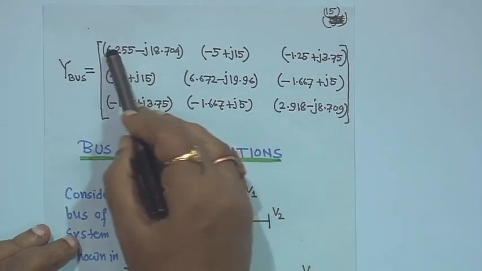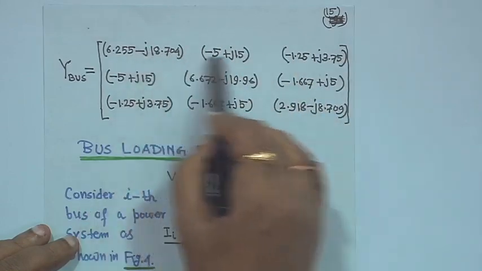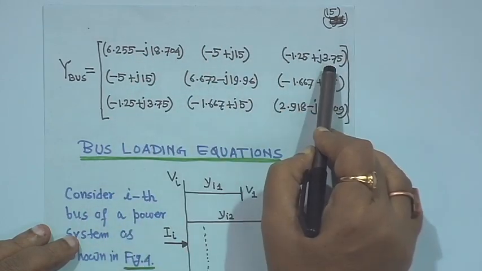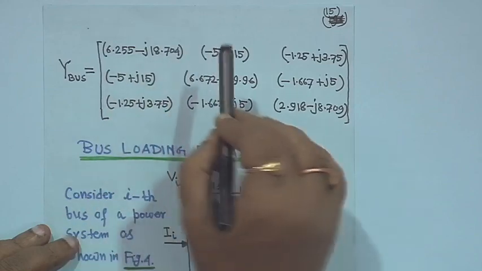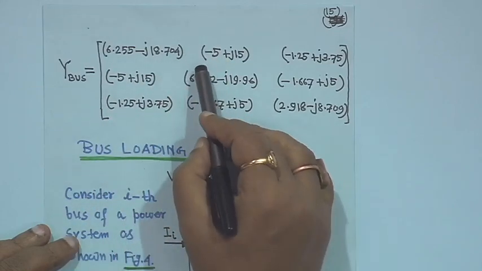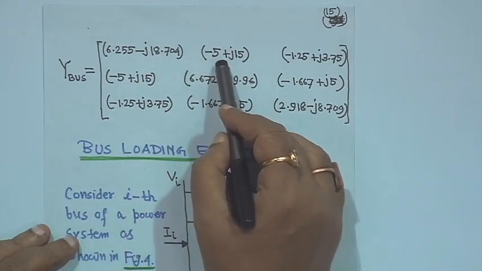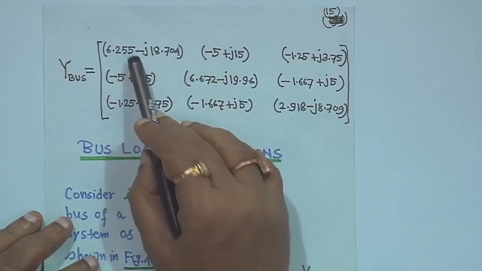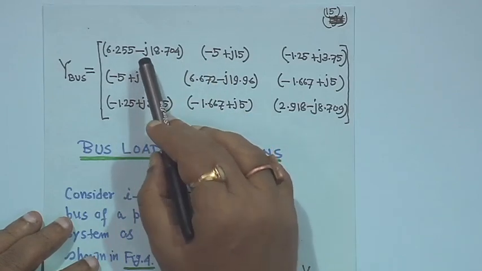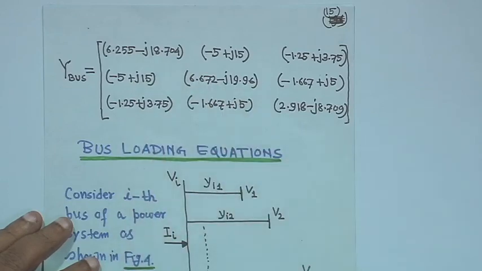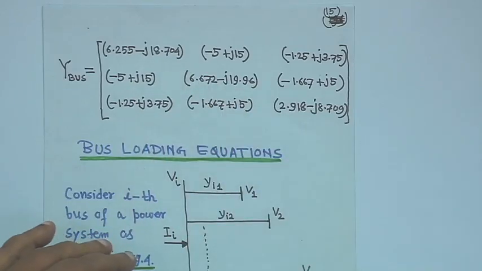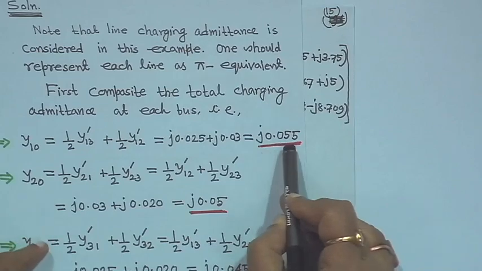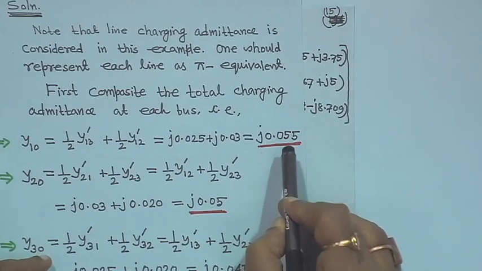Now, if you add all the elements in a particular row, you will find that except the charging admittance, nothing else will be there. I mean in the first row, that charging admittance y10 we have just computed, it is j 0.055, right.